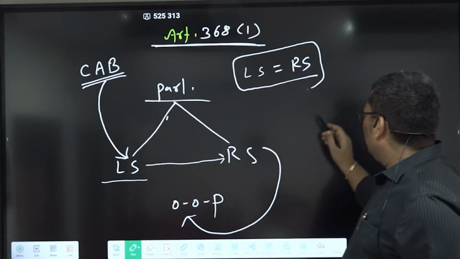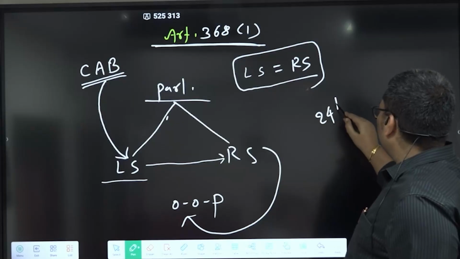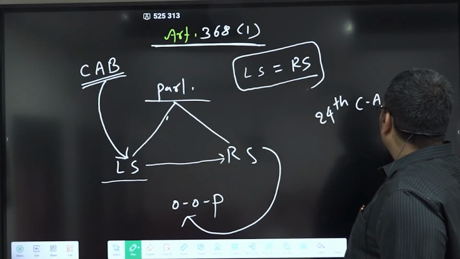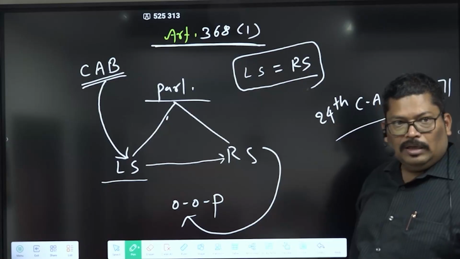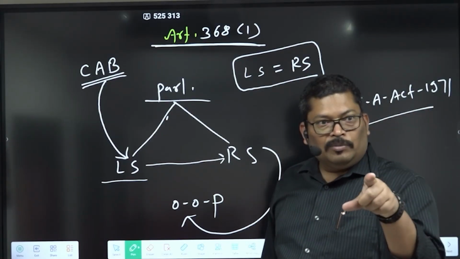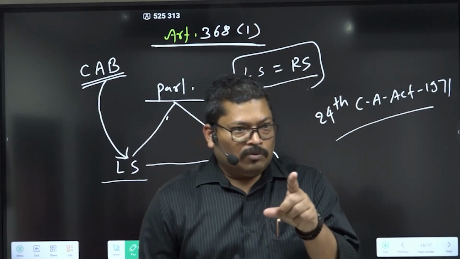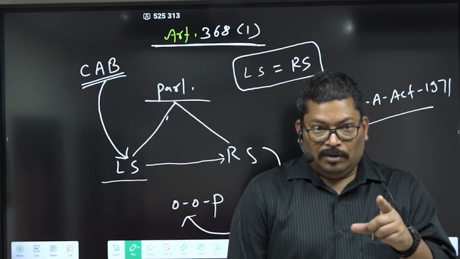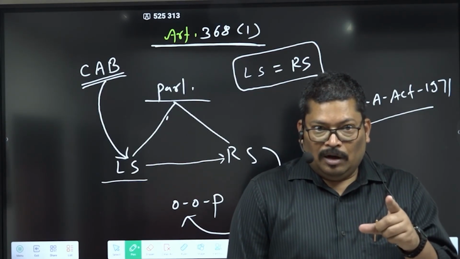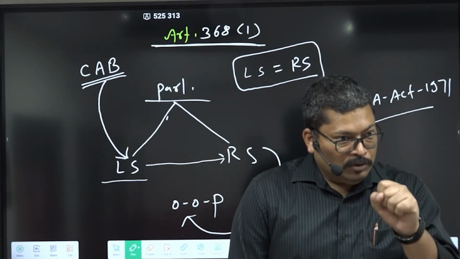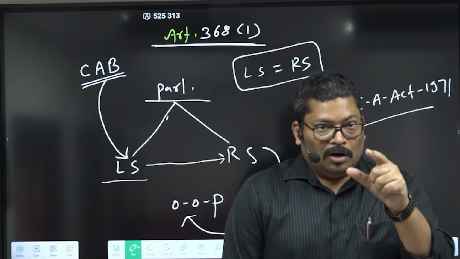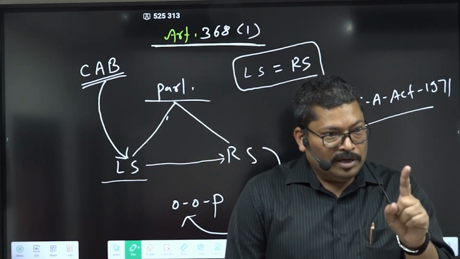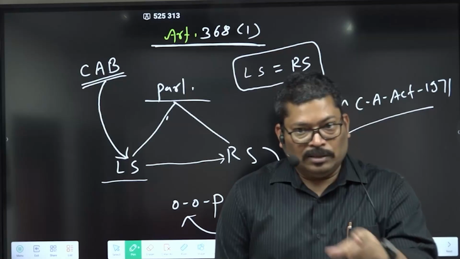But after the 24th Constitutional Amendment Act, which took place in the year 1971, it was made mandatory upon the President of India that once a constitutional amendment bill, after being duly passed from both the houses of the parliament, has been presented before her office, it is obligatory for her to provide her assent upon the bill.